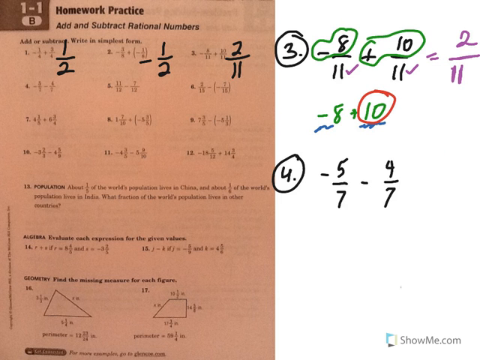Next question, number 4, says -5/7 minus 4/7. Common denominator? Yep, sevenths. Now you have negative 5 minus 4.